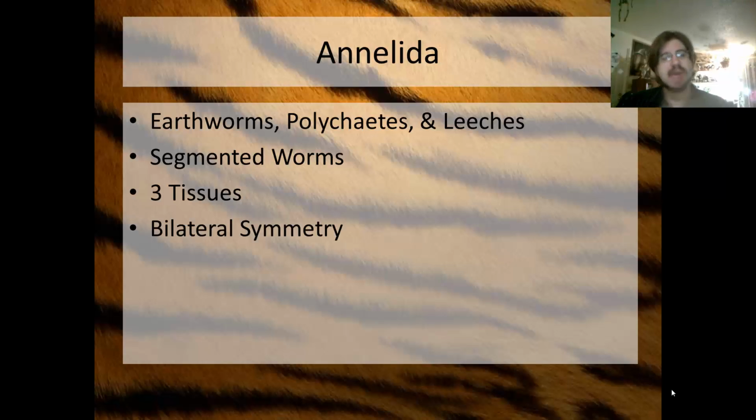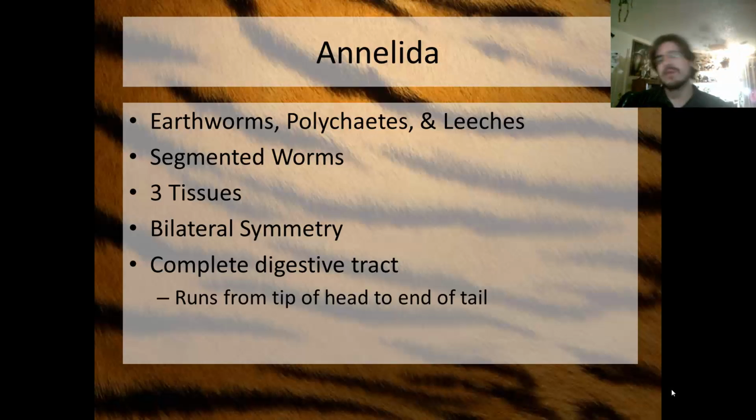They have bilateral symmetry. They have a complete digestive tract that runs from the tip of the head to the end of the tail. So the digestive system, the mouth is at the very, very tip of the earthworm. The anus is at the very, very tip of the tail. This is in contrast to a lot of the animals you know of, where they have an anus and then the tail runs past the anus.